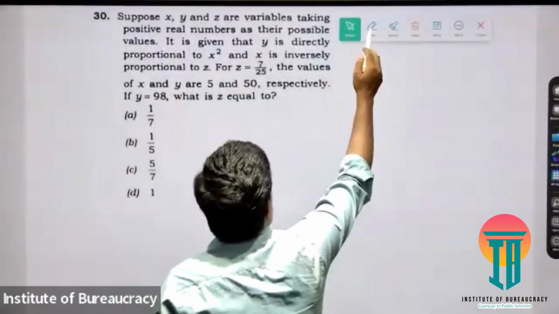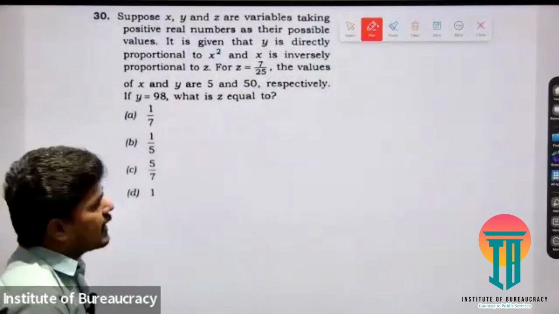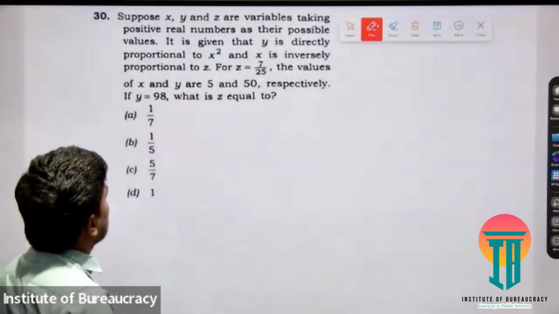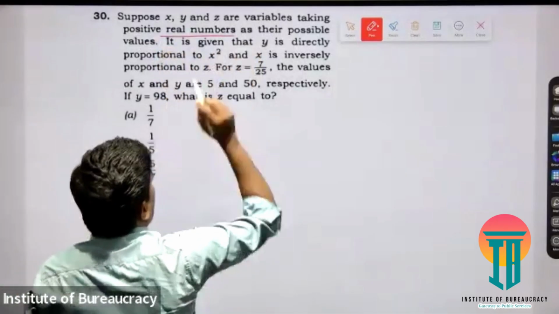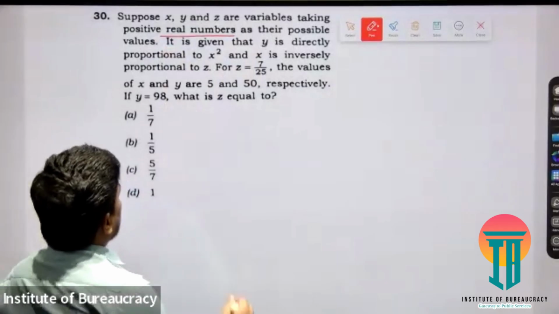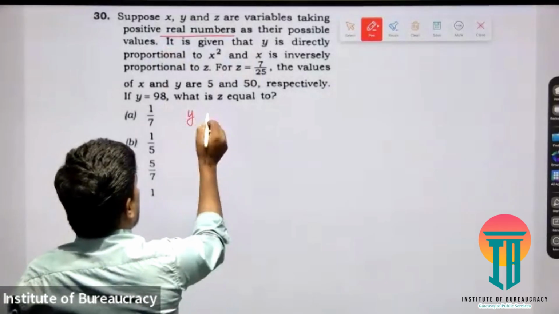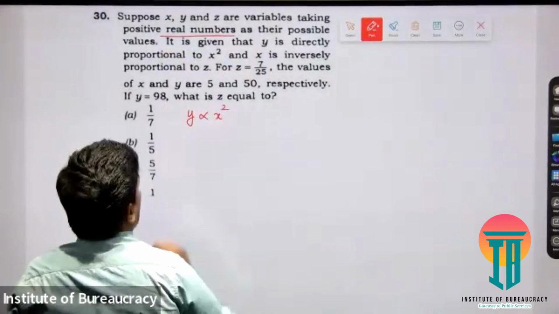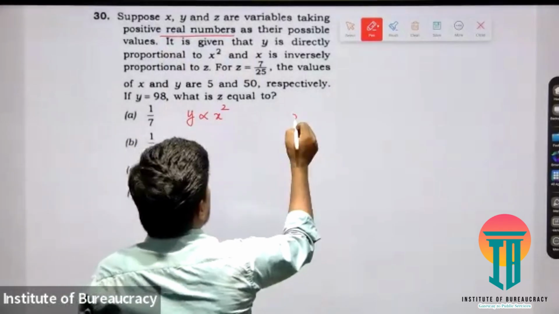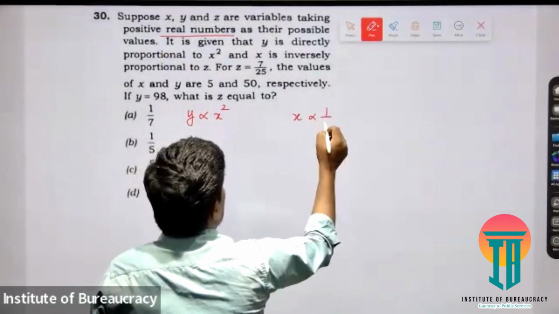For the next one. Suppose x, y, z are variables taking positive real numbers. X, y, z are positive real numbers, as their possible values. It is given that y is directly proportional to x square, and x is inversely proportional to z.